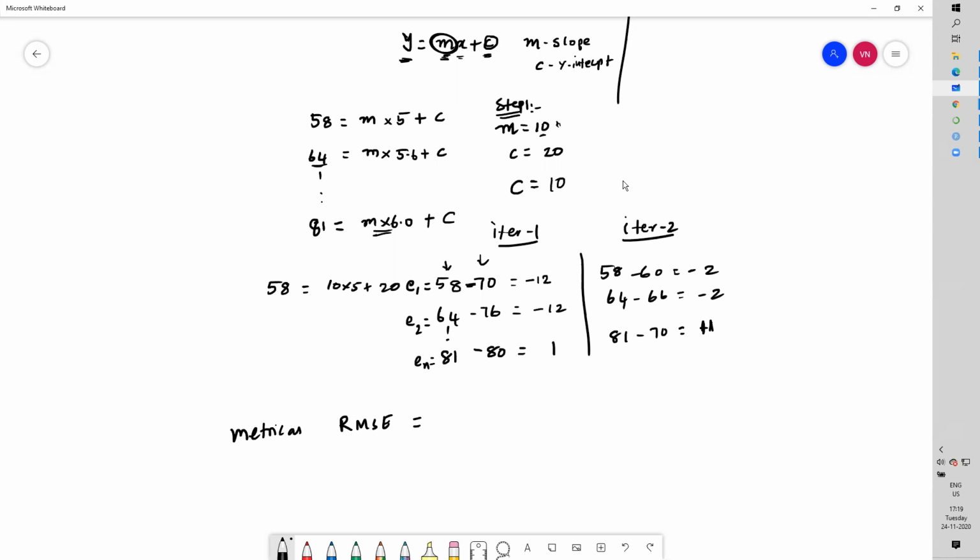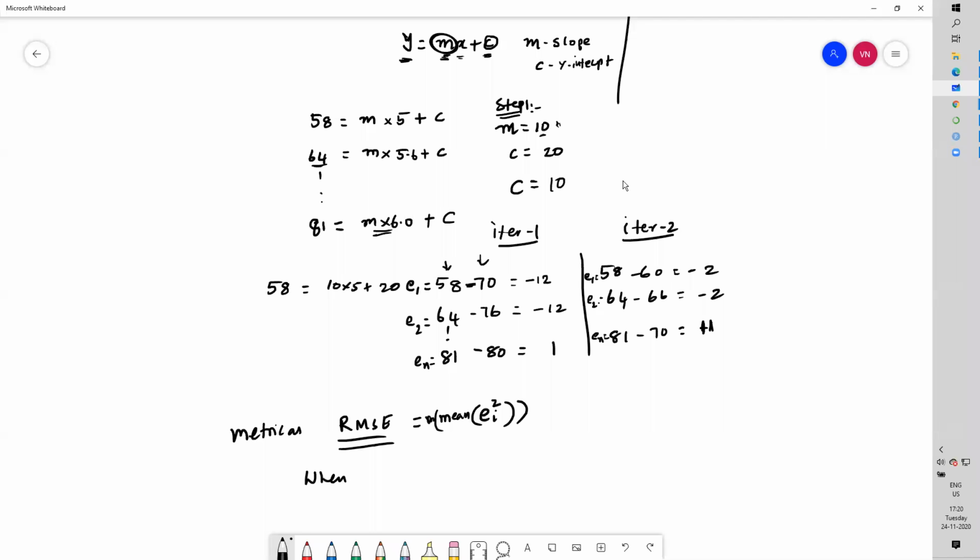And similarly here, error for observation 1, error for observation 2, error for observation n. So we would square them up, sum them up, compute the mean of it, then on top of it, we apply root. That would give us RMSE.